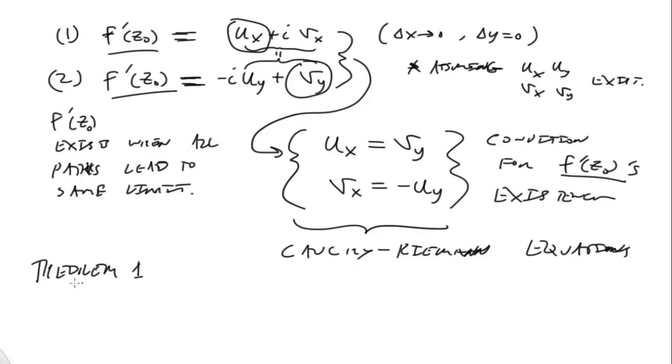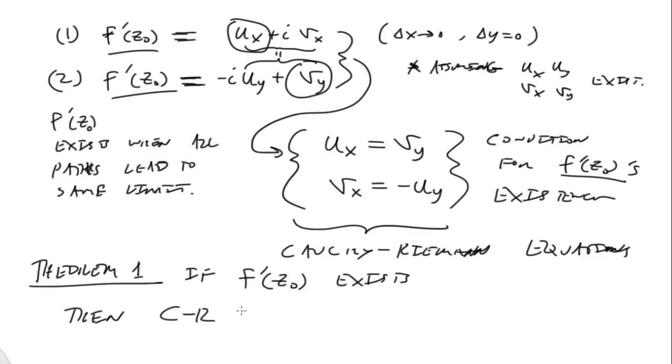I'm going to call that theorem 1 because we're going to go over another theorem in a little second, which is: if f prime at z0 exists, then the Cauchy-Riemann equations are satisfied at z0.